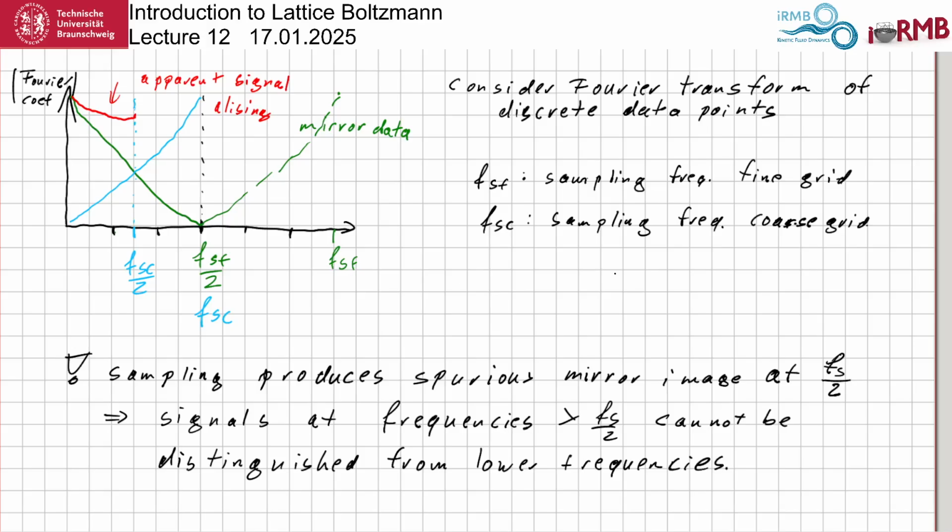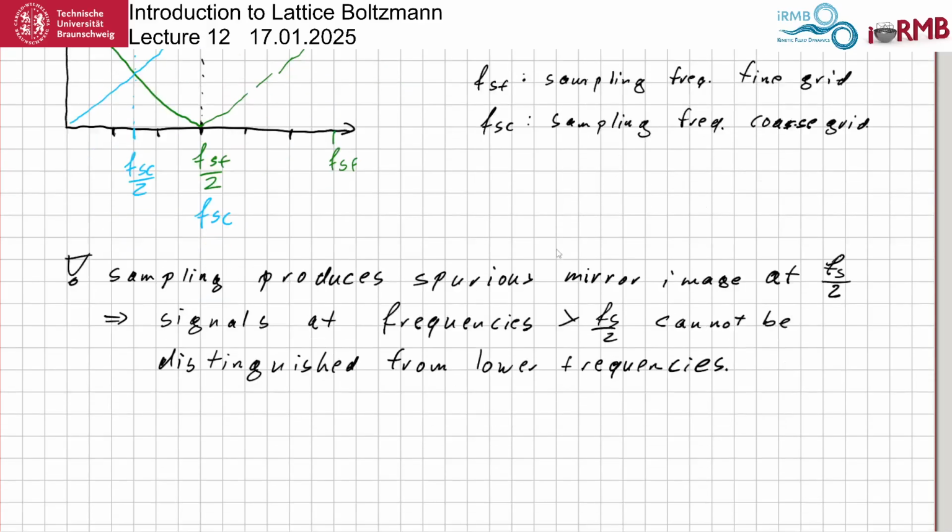So this took very long for people to actually find out that there is this problem, and of course there's a solution to this. Namely, you can low-pass filter. You use a low-pass filter before you do the sampling.